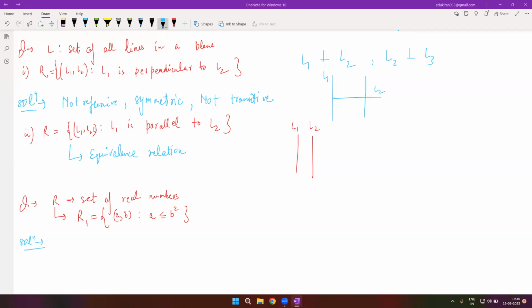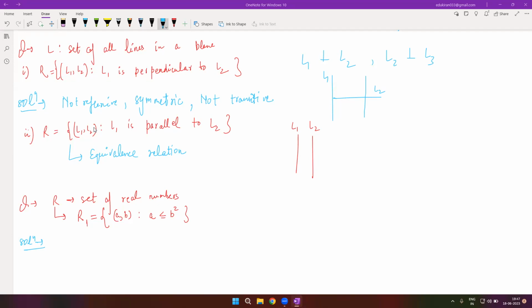Yes, sir, we will. हाँ, बिल्कुल, it's not reflexive. Why, Shavez? Yes, sir, मेरे को एक like failed case दे दे। 1/2 square, we are getting 1/4. बिल्कुल, if we take 1/2 as A, then 1/2 square is 1/4. In fact, all the numbers between 0 and 1 are like that.